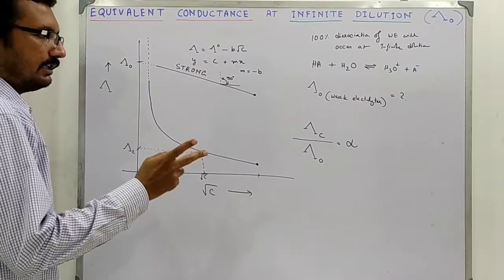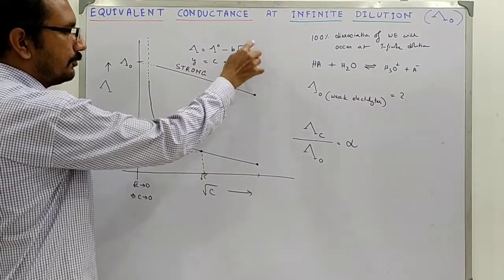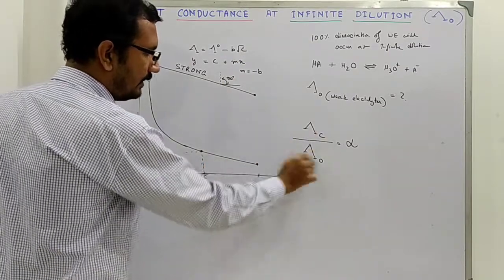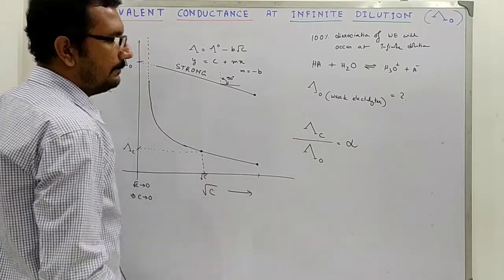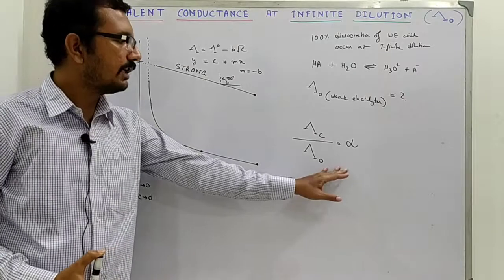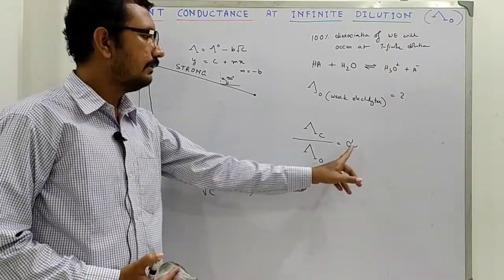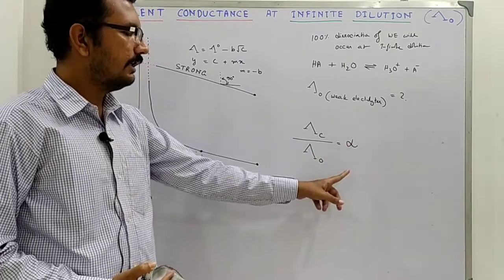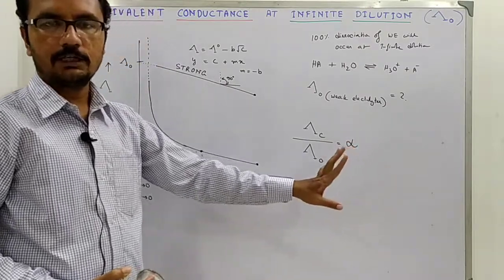So, two important relations, one for strong electrolytes, this relation that is proposed by Kohlrausch, and this one for the weak electrolytes, that is proposed by Arrhenius. This is going to work for weak electrolytes only and not for strong electrolytes, since the degree of dissociation is always 1 for strong electrolytes, so it has no significance in the case of strong electrolytes.